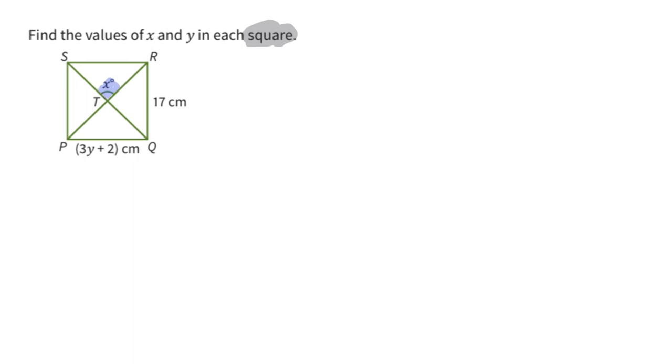And for a square, there is a very special property, that this happens to be a 90-degree right angle, because the special property of a square is that the diagonals are perpendicular to each other.